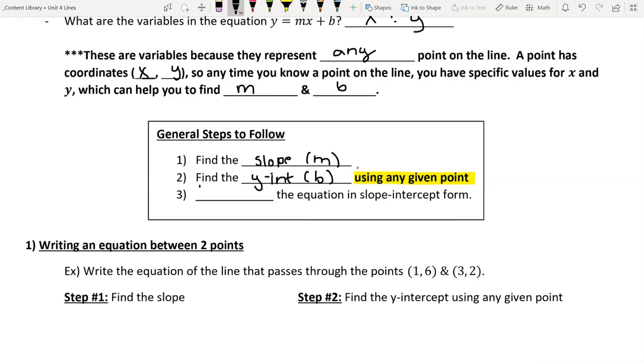But then the last part is just to write the equation in slope-intercept form, which I will remind you of again. There's our formula, okay? Y equals mx plus b. We're using that a ton today. Okay, so write these steps down. These are very important. We're going to do the same 3 steps over and over and over again, okay?